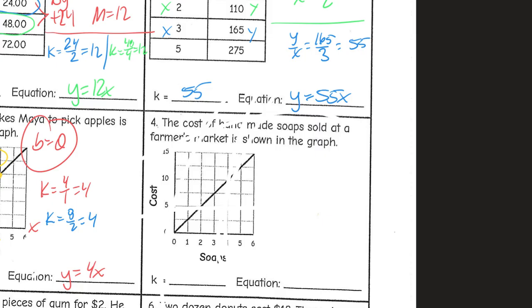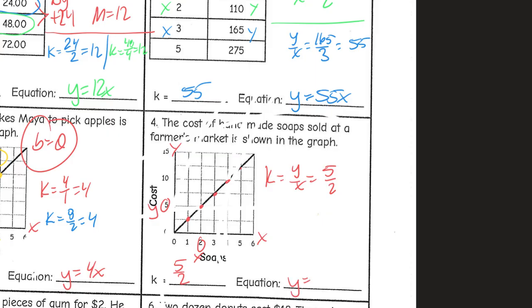All right, here are our points. So we're looking for y over x. This is y, that's x. So k equals y over x, in this case, is 5 over 2. So then our rate of change, or our constant of variation in this case, would be 5 over 2.